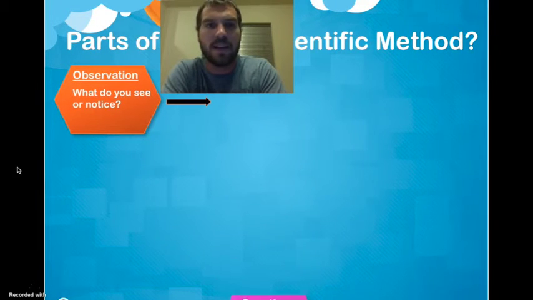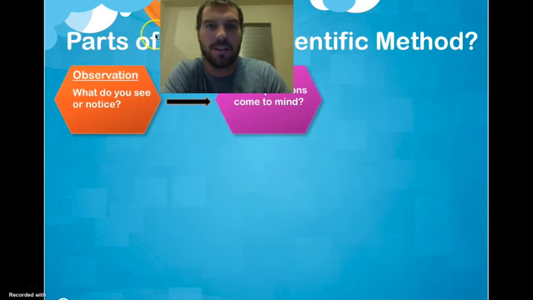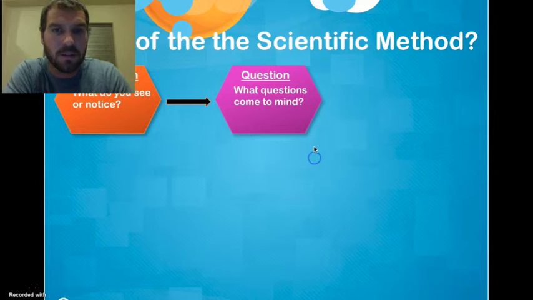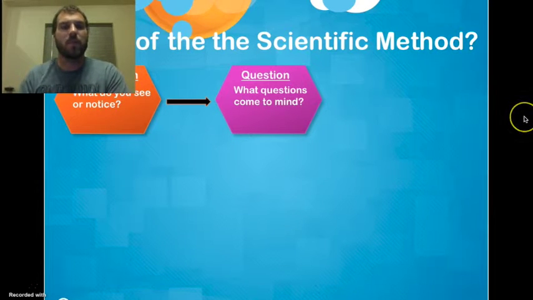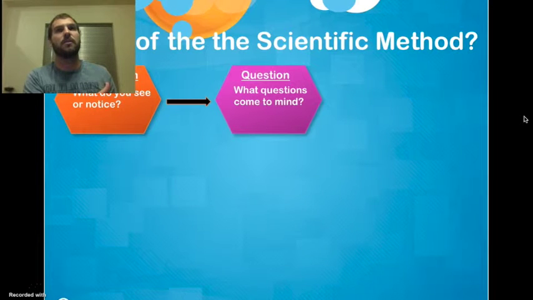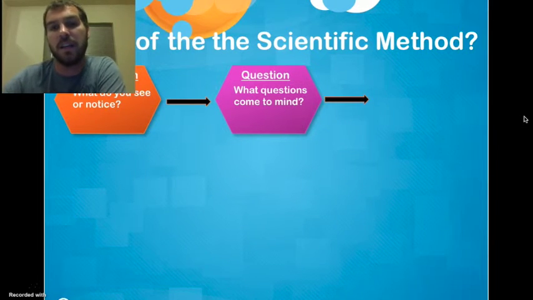The next step is question. What questions come to mind? We make an observation about the world around us. The very next step is, what question might come to mind? We might have a question about our observation.